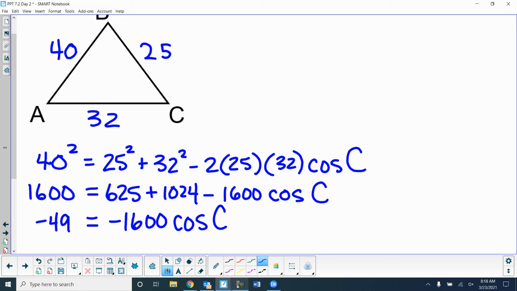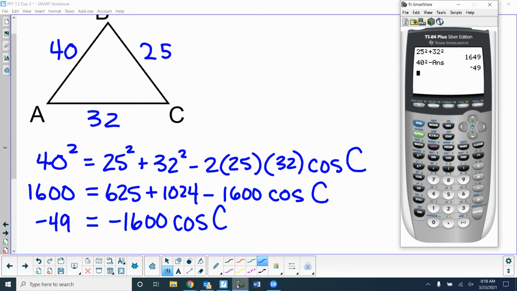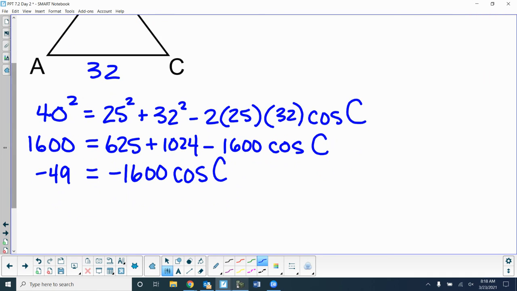Okay? So now's the point that I will divide by the negative 1600. And that gives me that decimal, 0.0306.